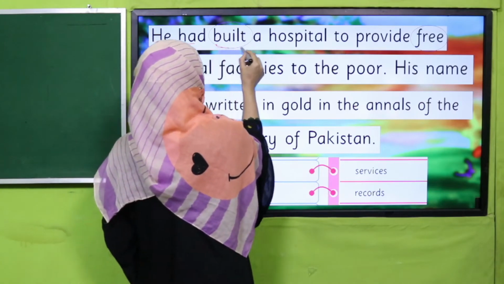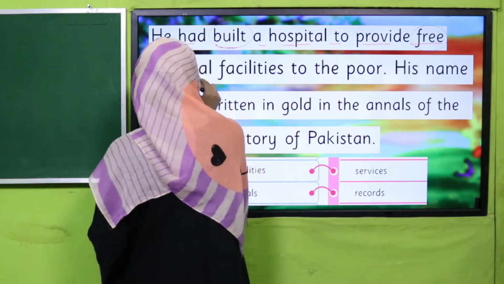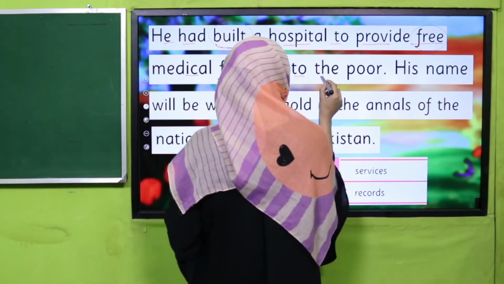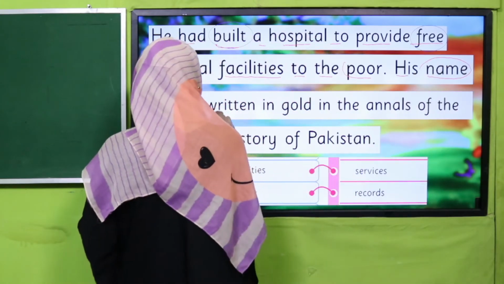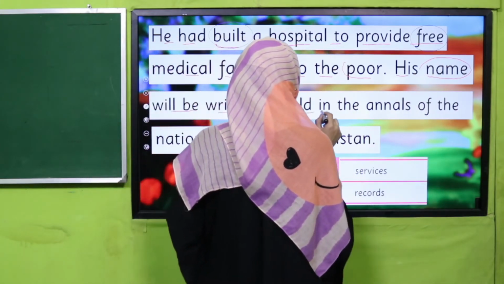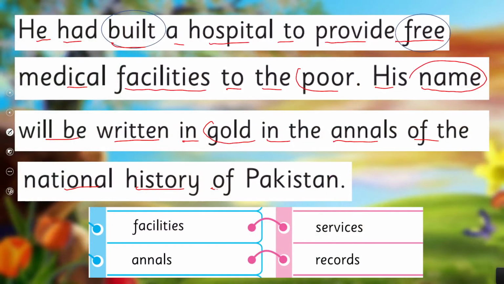He had built a hospital to provide free medical facilities to the poor. His name will be written in gold in the annals of the national history of Pakistan.